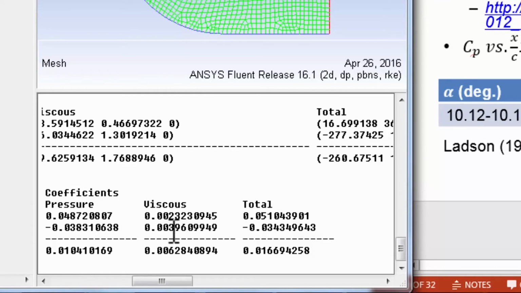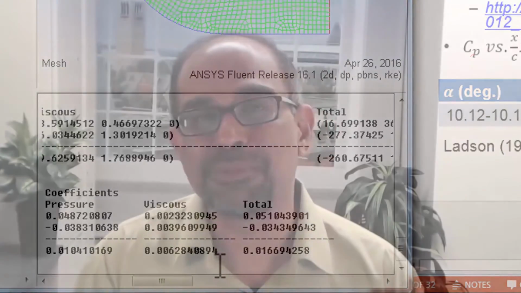I was expecting most of the contribution to come from the viscous shear, and that might be because of the thickening of the turbulent boundary layer near the trailing edge. In fact, we might be over predicting that. The way to fix that is to refine the near wall mesh, resolve the viscous sublayer, and go to enhanced wall treatment.